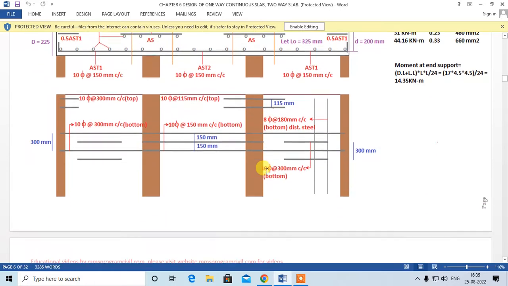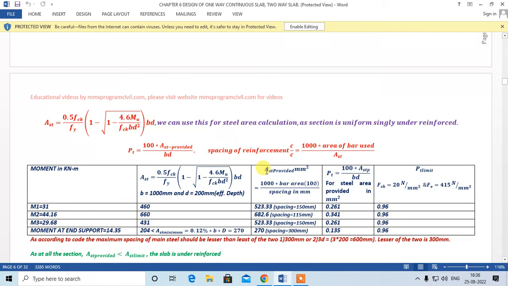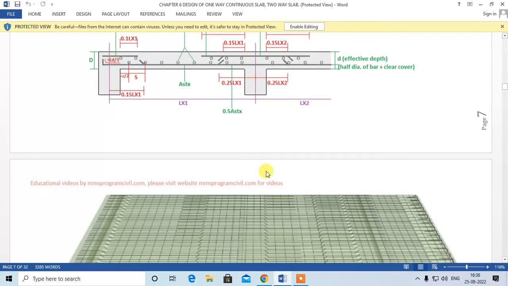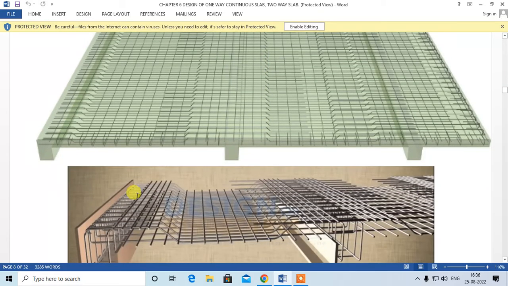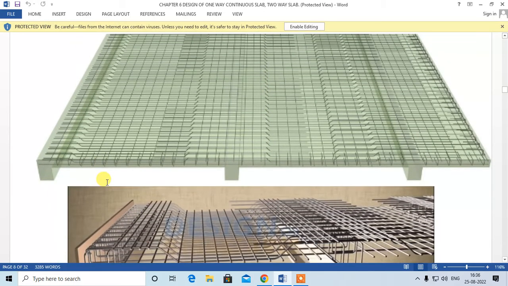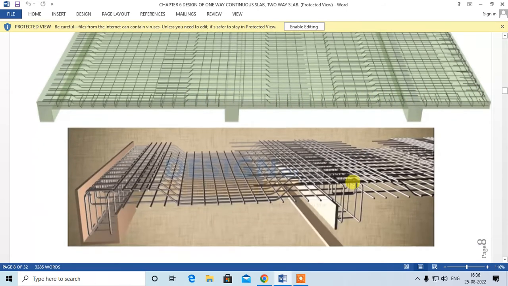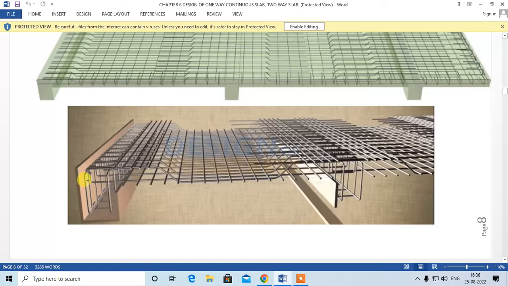And let us see a 3D view of this, a general diagram. This is how you can also give bent up bars. You can take one bar and run it straight, and one bar you can take bent up, and again from here bent up, again straight, again bent up, like this. Let me show you over here. One bar is straight and another bar is bent up like this, bent up like this.